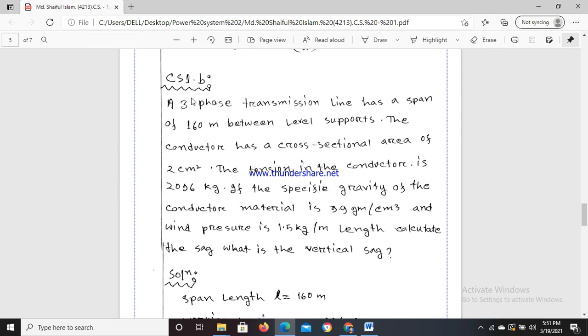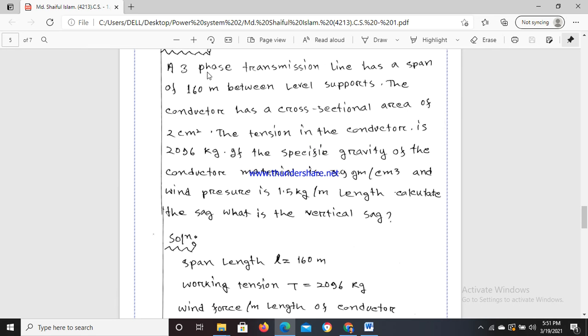This is case study 1b. A three-phase transmission line has a span of 160 meter between level supports. The conductor has a cross-sectional area of 2 centimeter square.